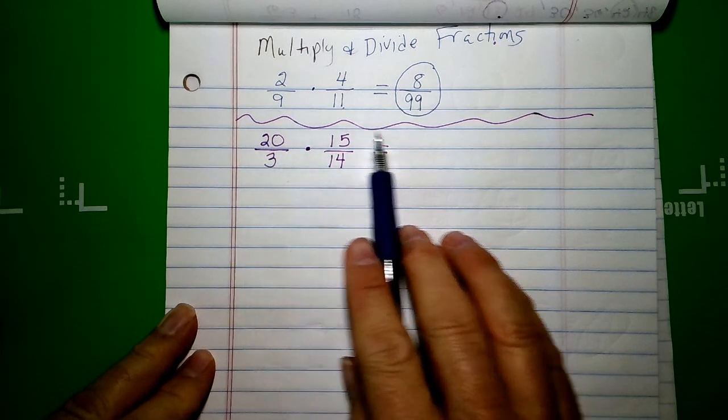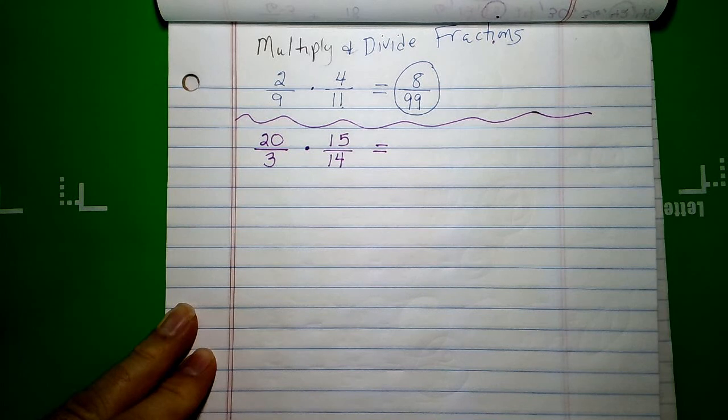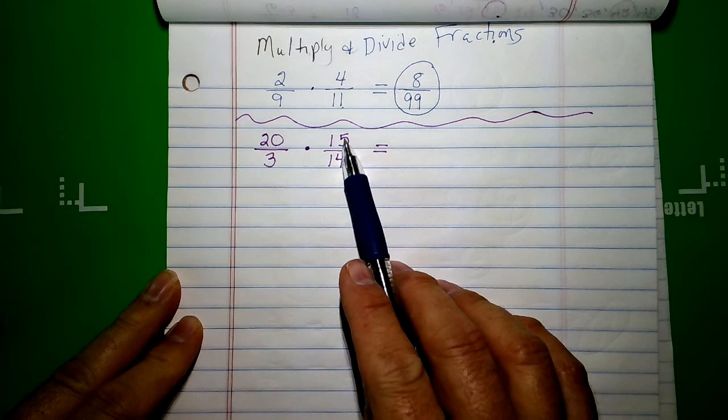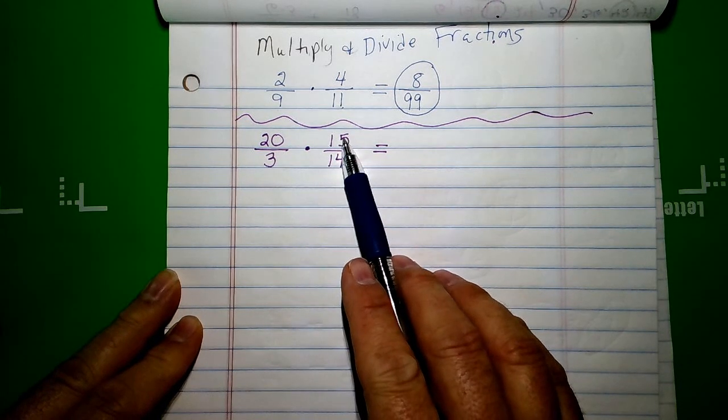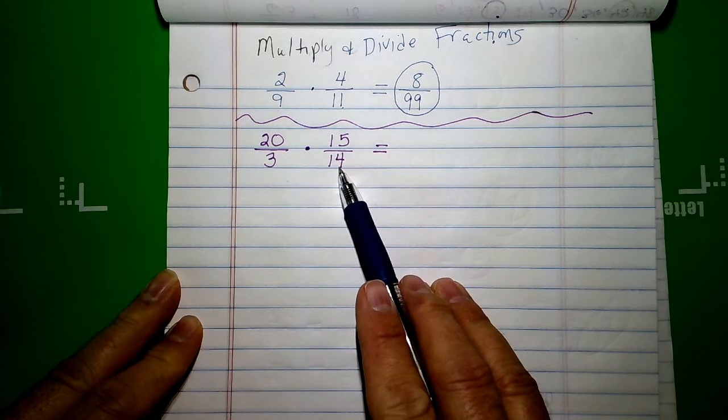If you want, you can multiply straight across and then reduce the fraction. 20 times 15 would be 300. 3 times 14 would be 42.